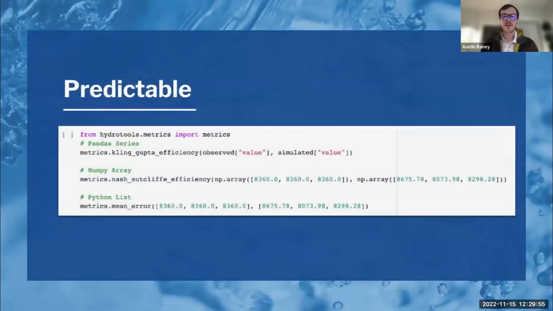Just like if you were using pandas or GeoPandas, we expect HydroTools to handle data you pass in like you would expect it to. We want HydroTools to be predictable. This means high compatibility with pandas, NumPy, and built-in Python types like dictionaries, lists, etc.